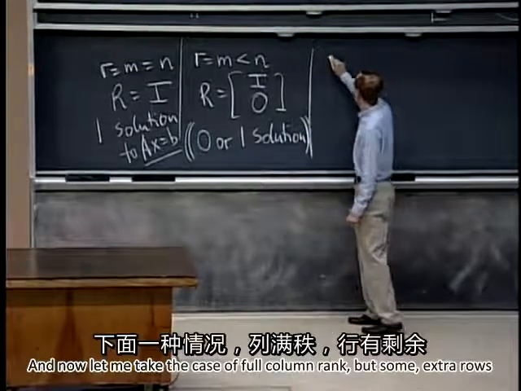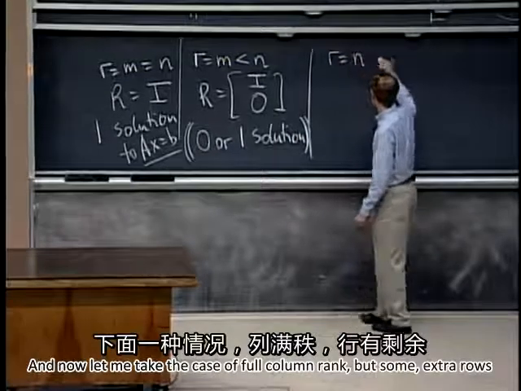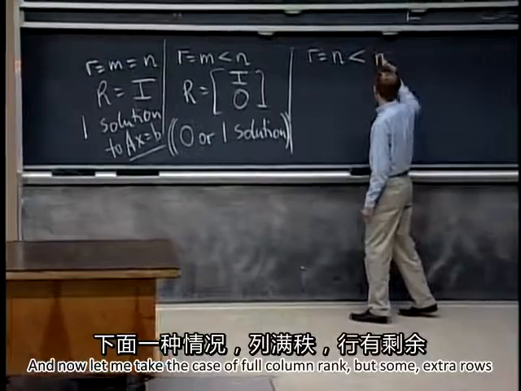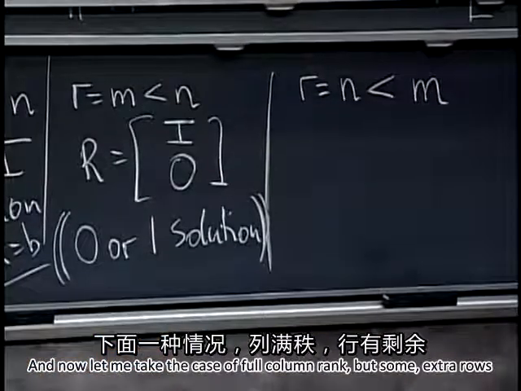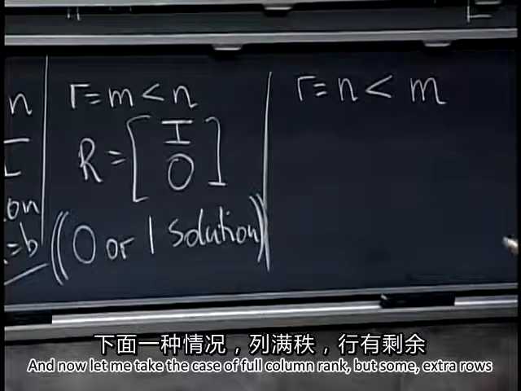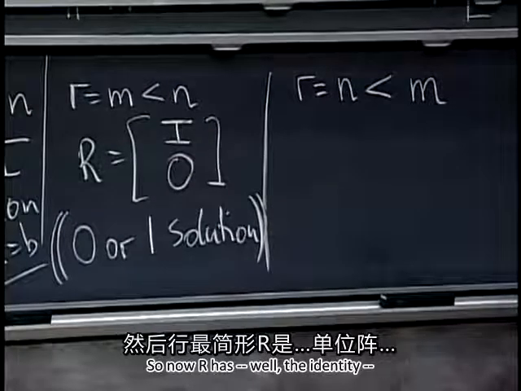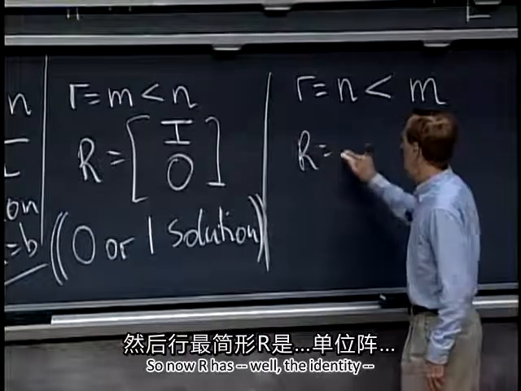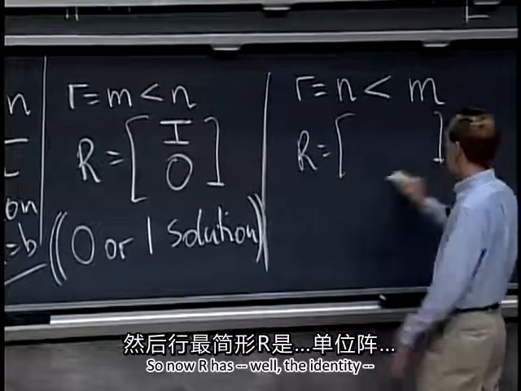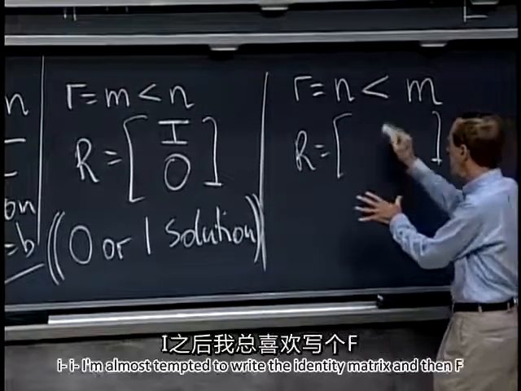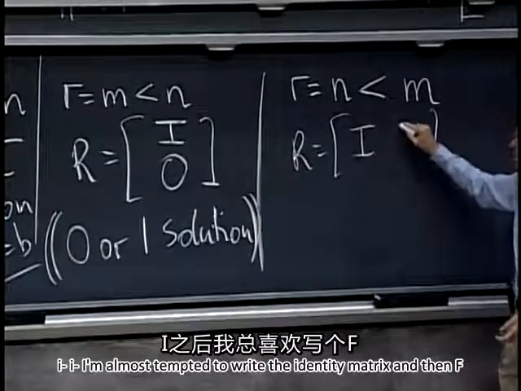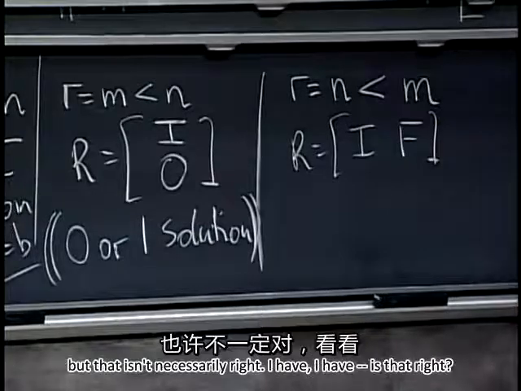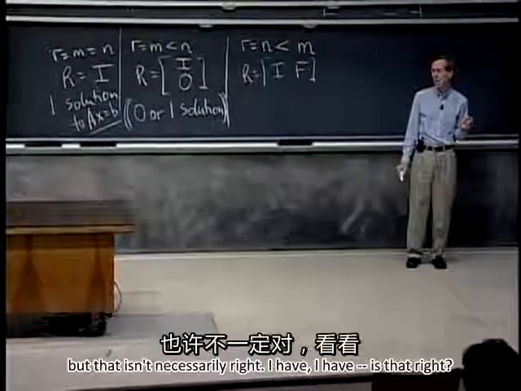And now let me take the case of full column rank, but some extra rows. So now R has the identity. I'm almost tempted to write the identity matrix and then F, but that isn't necessarily right.